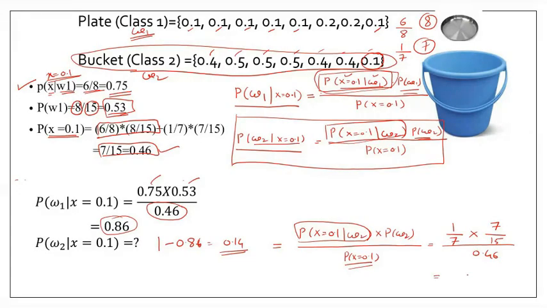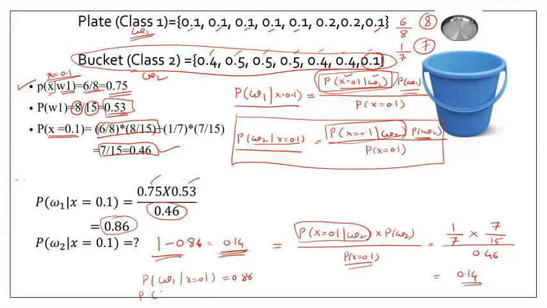So if you calculate this now, it should come to 0.14. Okay, you can verify this. You can directly do it like this, or you can directly do it like this. Now the question is, what is your decision? You now have two probabilities. The probability that the given object is omega 1 is 0.86.